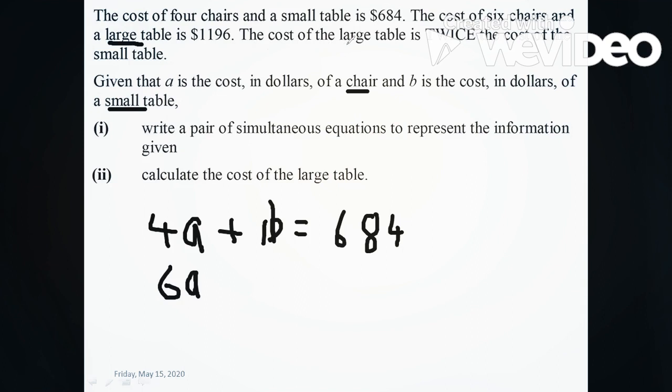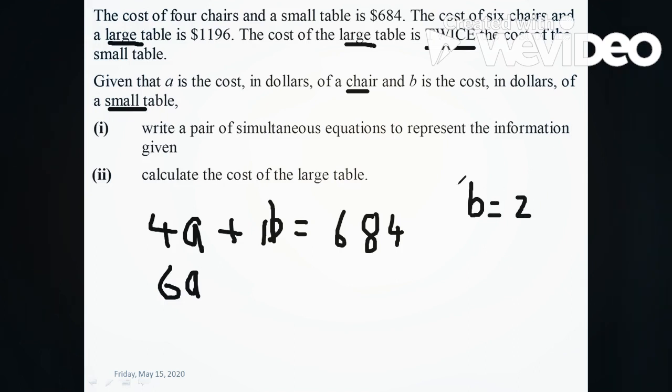The cost of a large table is twice the cost of a small table.